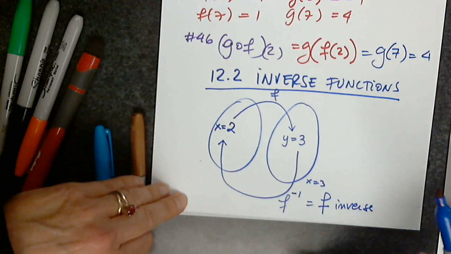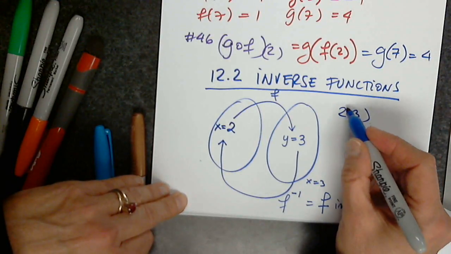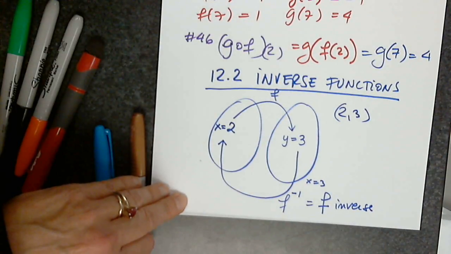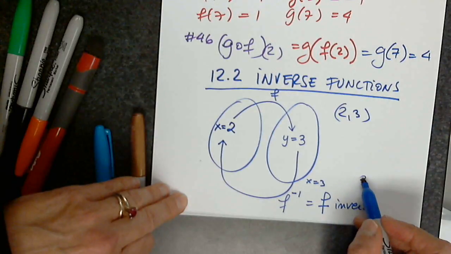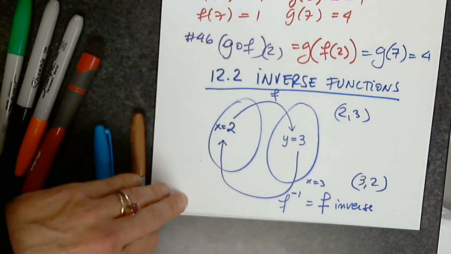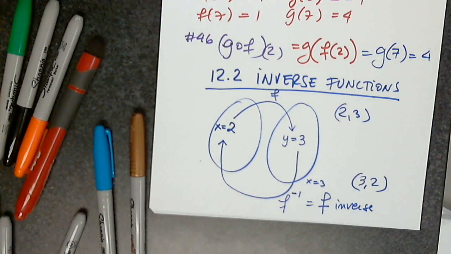So if the function has the ordered pair (2, 3), what will be exactly the ordered pair for the inverse function? (3, 2). So now we understand that the domain and range of the inverse function are the reversed domain and range of the function.